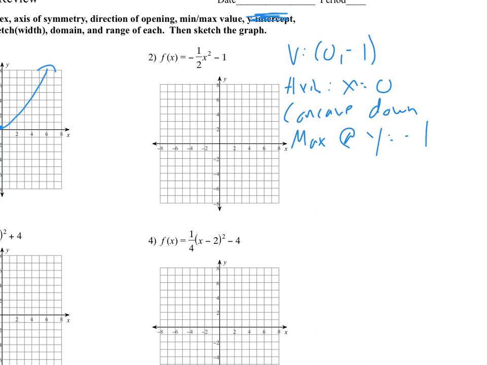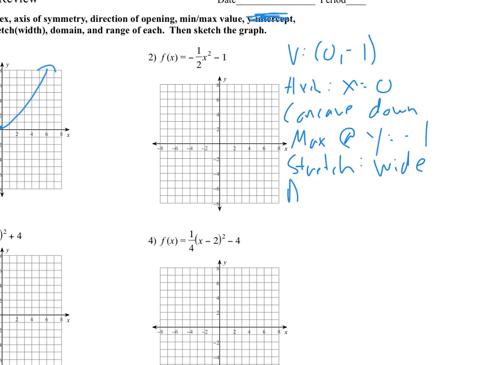And then our stretch. On this one, our stretch is wide or compressed because the a value is 1/2. So if it's between 0 and 1, it's wide or compressed. If it's greater than 1, it is stretched or more narrow.